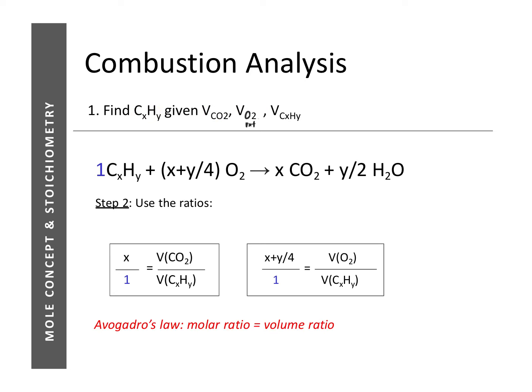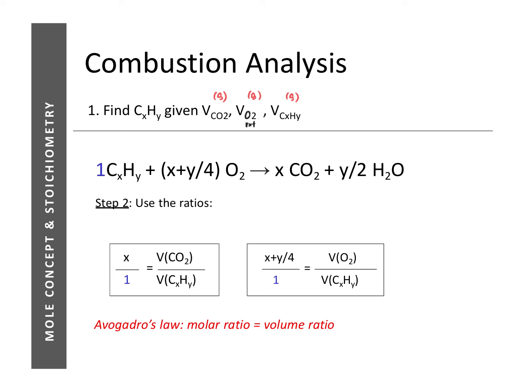Next, we can make use of the general equation, and we can compare the volume ratios using the numerical values in the question to the coefficients in the equation. Bear in mind that we are looking at gases: CO2, oxygen, and the hydrocarbon.